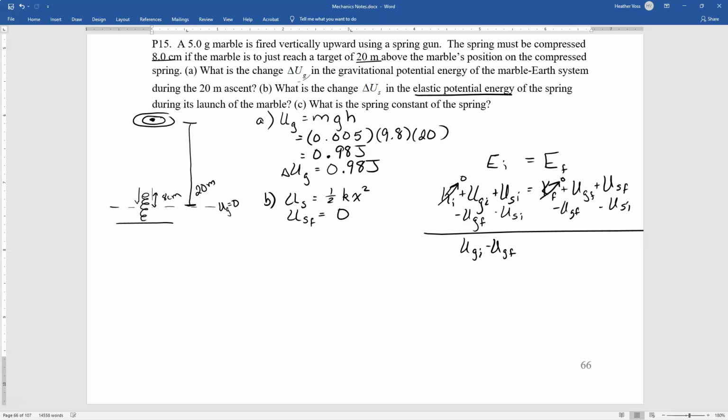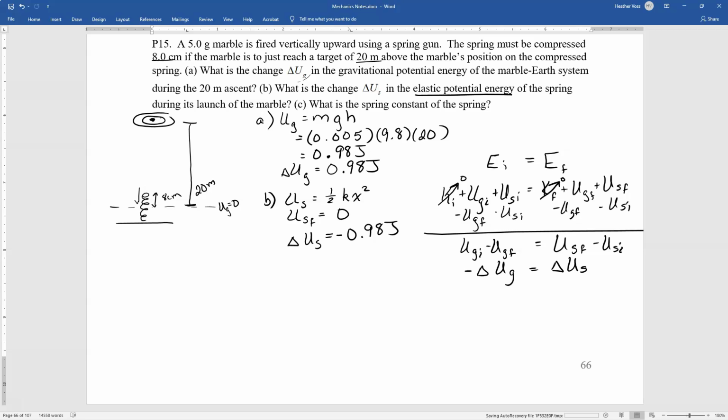That is negative change in the gravitational potential energy. Why is it negative? Because it's supposed to be final minus initial. This is going to equal my potential spring final minus potential spring initial. So that tells me that my change in the potential of the spring is going to be negative 0.98 joules.